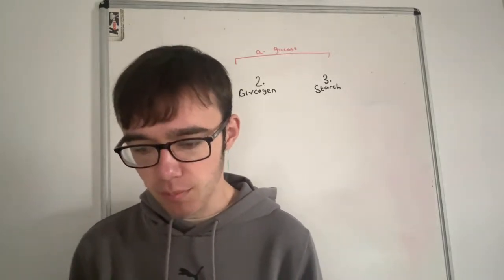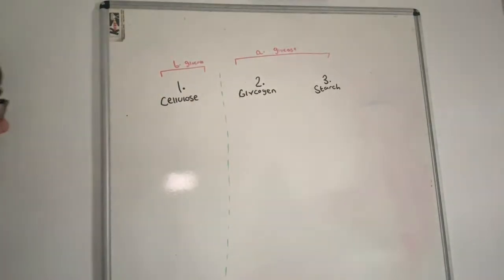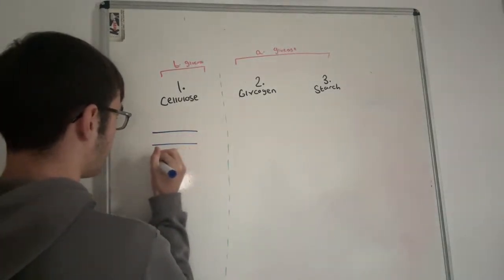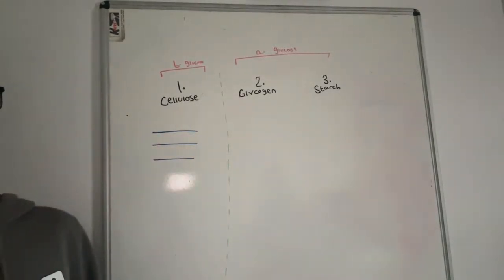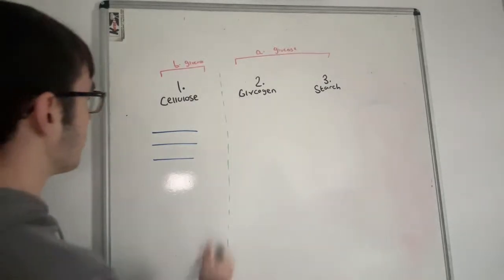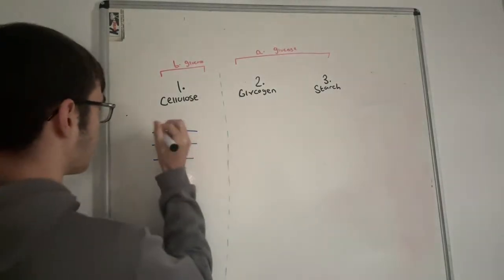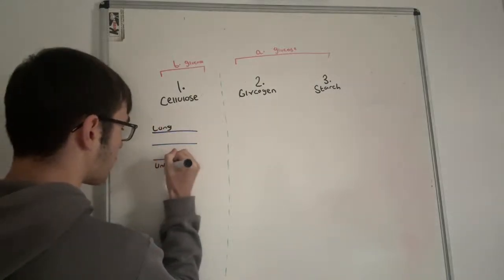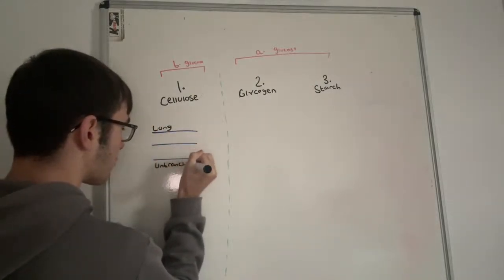And I can understand why, but I think it can be easy to remember. All you've got to remember with cellulose is this idea of neat, straight rows. It's this idea that they are long, unbranched chains.